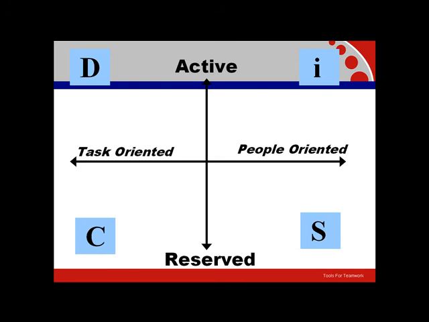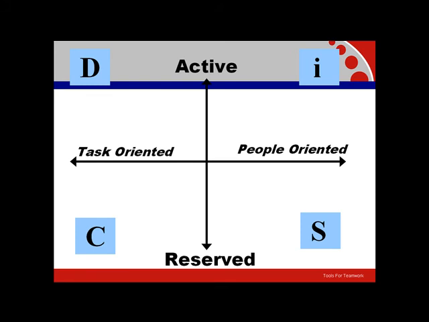So that's the basics of the DiSC model. As you can see, it's quite easy to use. And one of the big pluses of DiSC, or some other models of personality, is that DiSC is so simple to use. You can explain it quickly and easily to your clients. They can begin to grasp it and apply it in very short order.